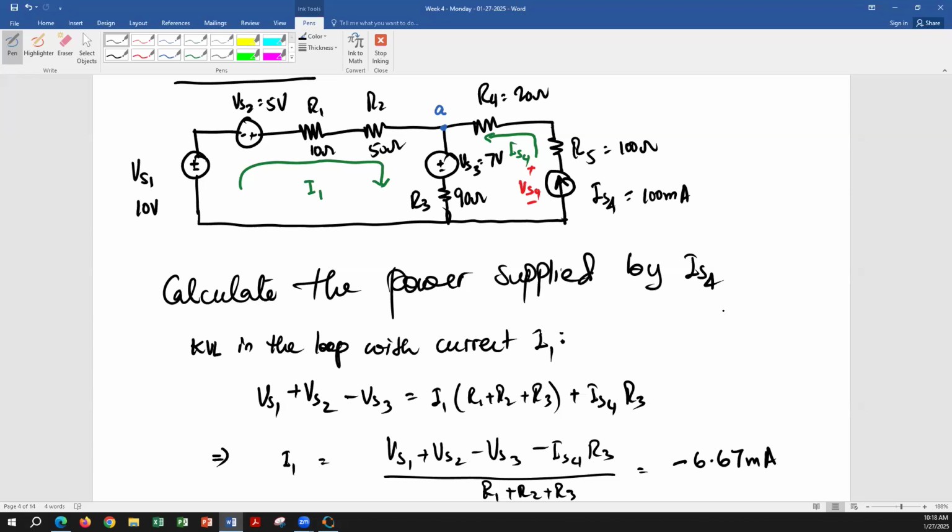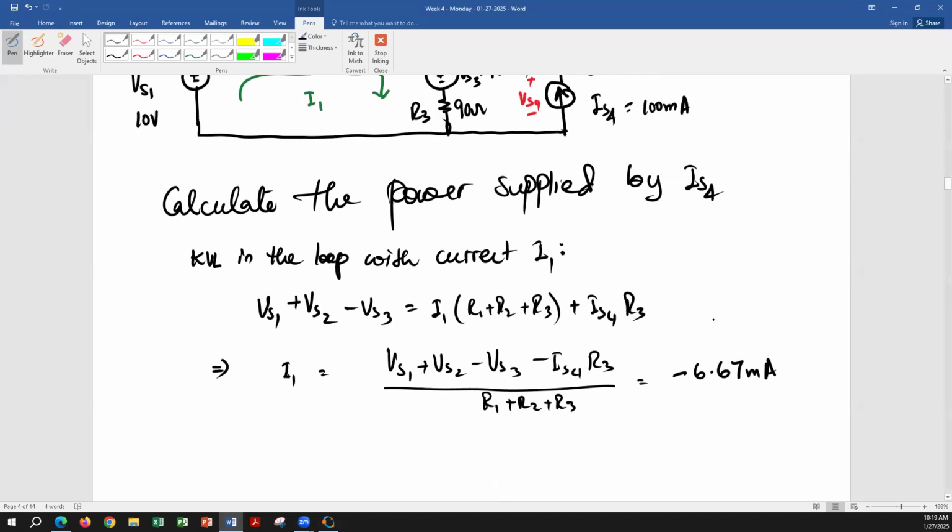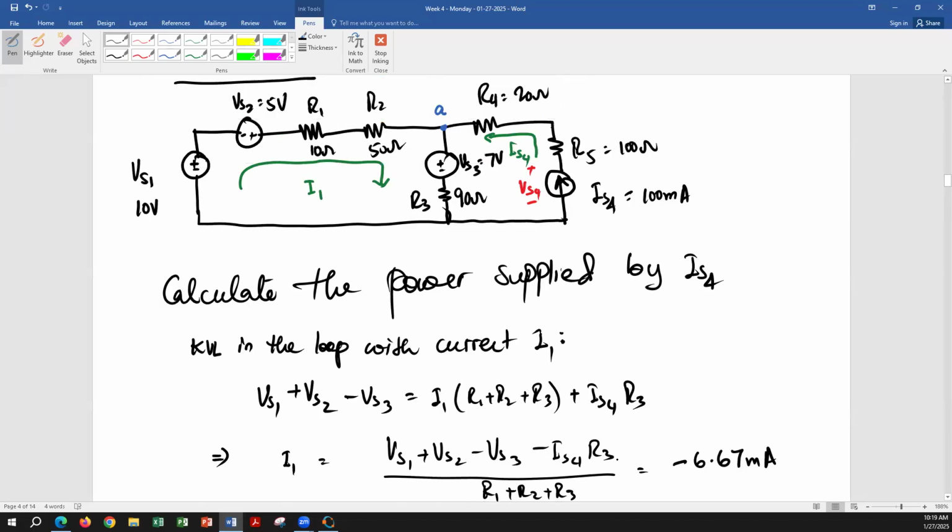We can write another KVL on the right loop, on the rightmost loop. That is correct. That's a good answer. So if we write KVL equation for the loop with current IS4. All right, what will be the KVL equation?